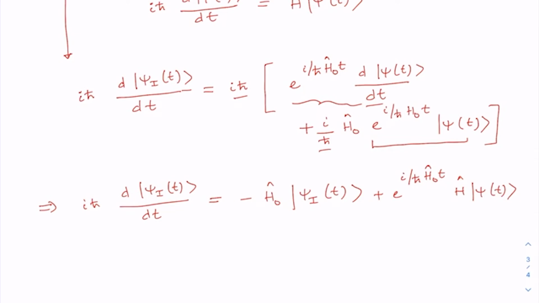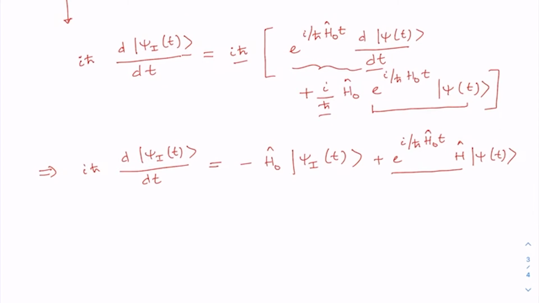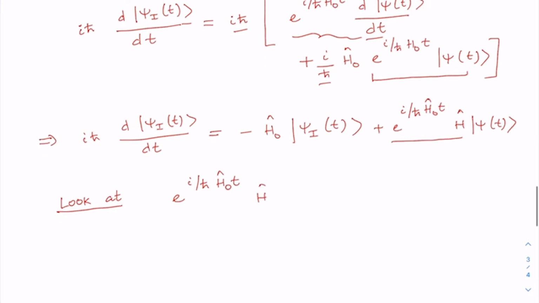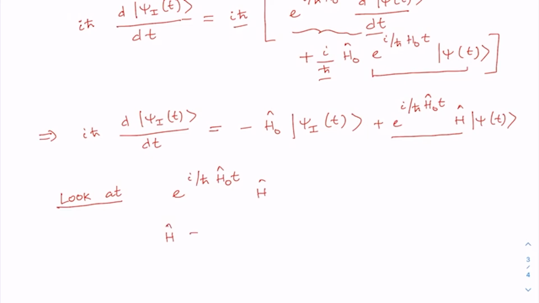So let us look at this particular part now: e^{iH0t/ħ} H, where H is equal to H0 plus V. In the Schrodinger picture this is what I have.